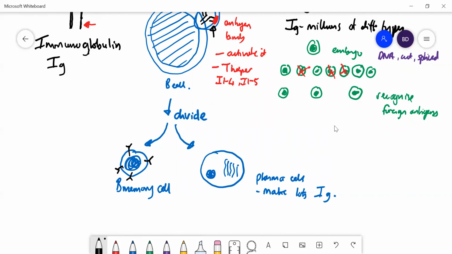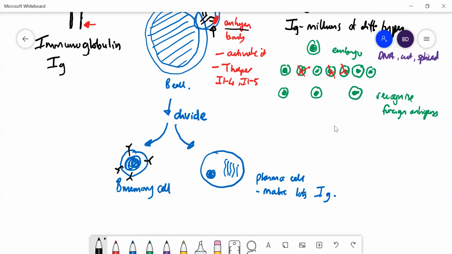If you ever come into contact with that antigen again, they're all ready to very quickly divide, turn into plasma cells, and mount a very rapid immunoglobulin response that can help fight the infection. So that's what B cells do, and that explains acquired immunity, how you become immune to things.